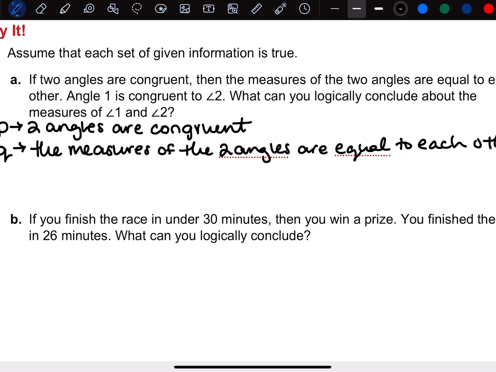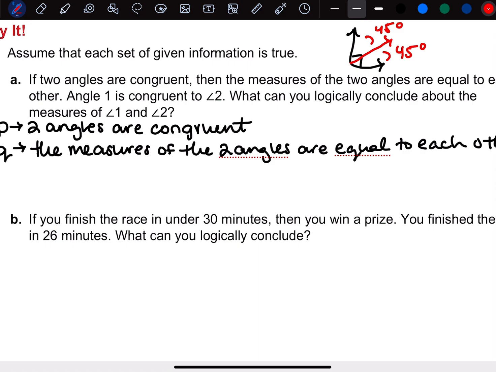If you want to be a visual learner, draw a 90-degree angle and break it in half, and we can see both are 45 degrees, making that statement true. In the conditional overall, if two angles are congruent, then the measures of the two angles are equal to each other, that is true. We can then say by the law of detachment that our conclusion is also true, and that is the answer it is looking for.